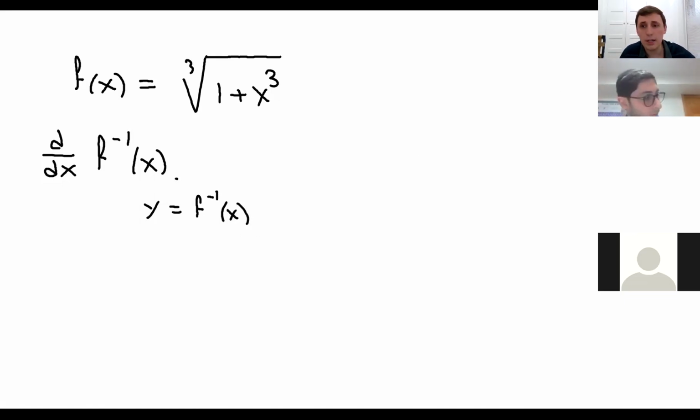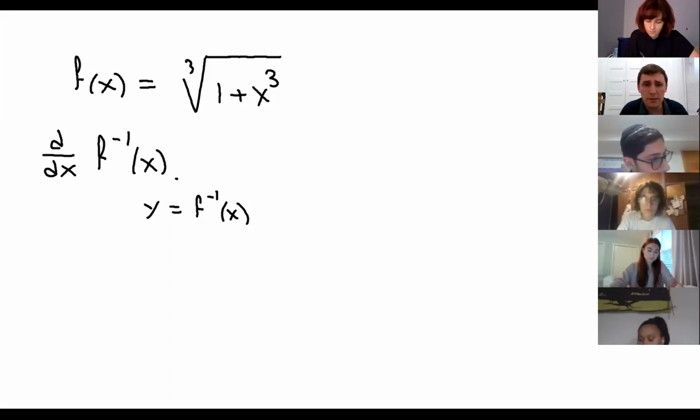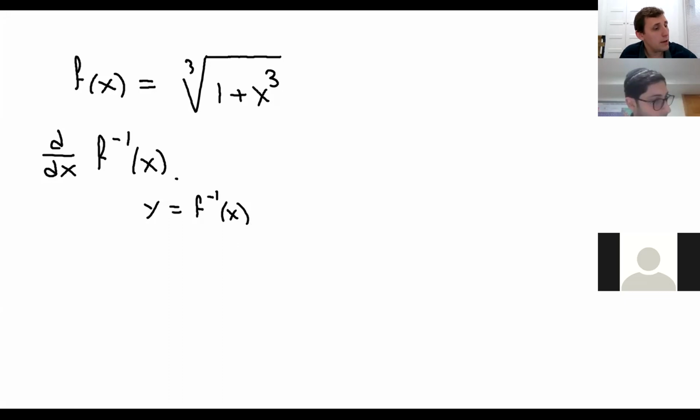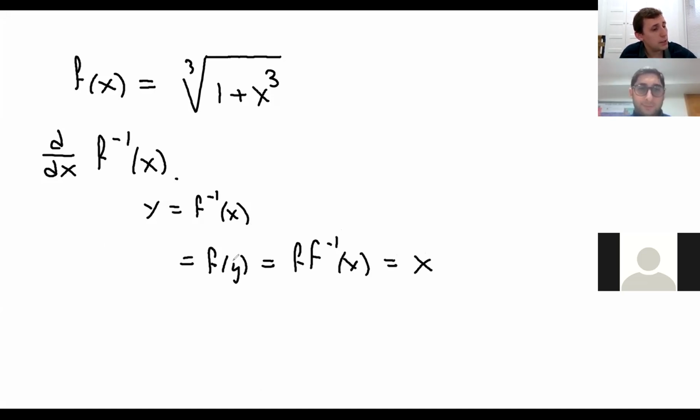Yes, so I'm going to do that using implicit differentiation. So I will apply f on both sides. If I apply f to y, that will give me f of f inverse of x, which is x.